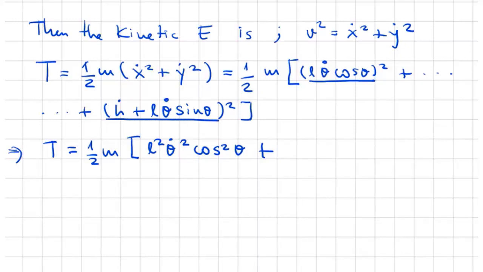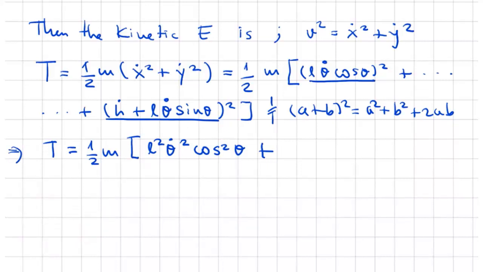So we have the square of a binomial expression, and we remember that from algebra, right? A plus b squared is equal to a squared plus b squared plus 2ab, the binomial theorem.